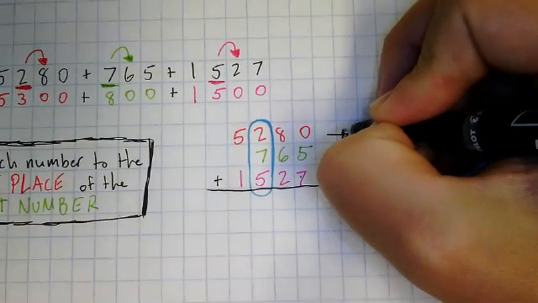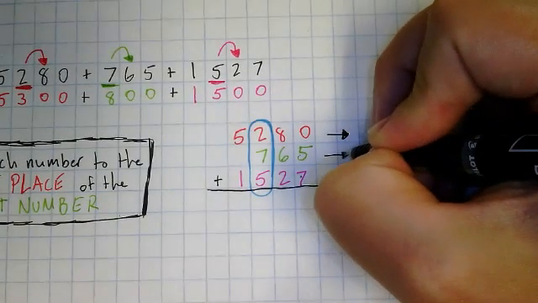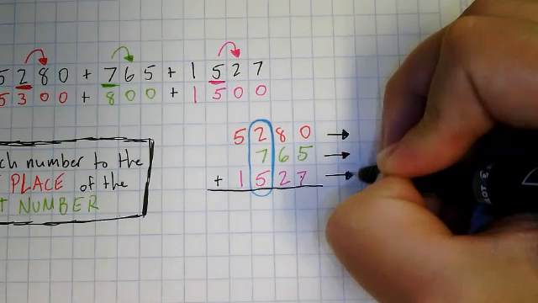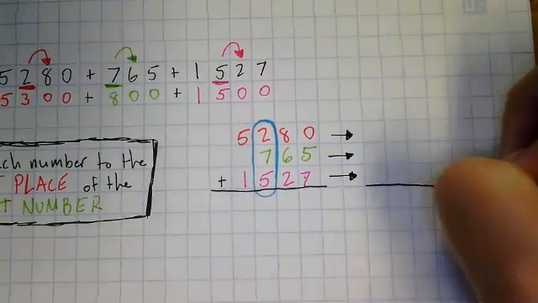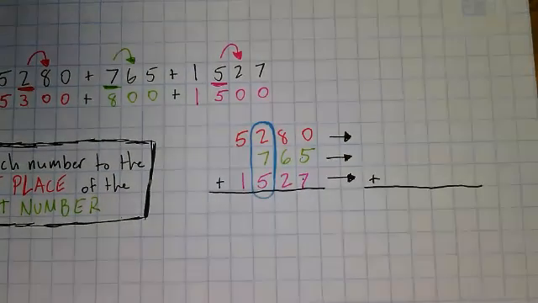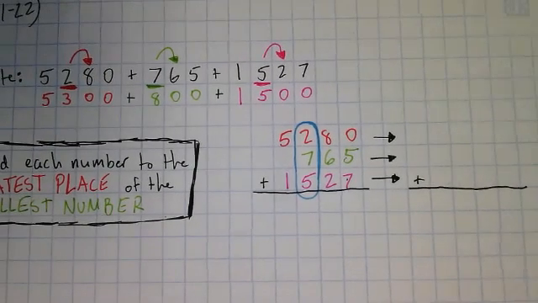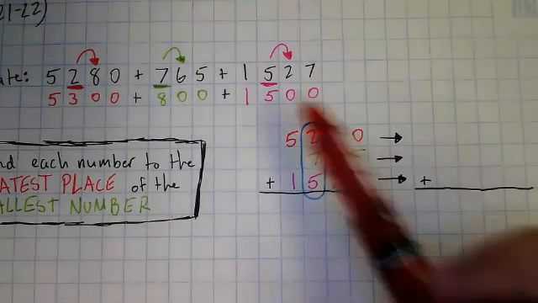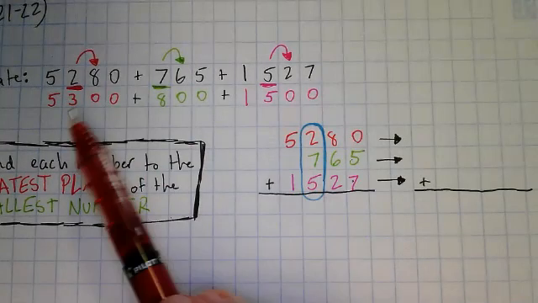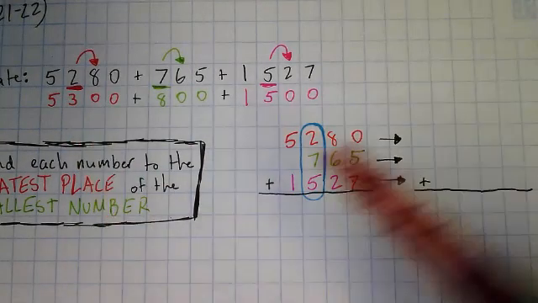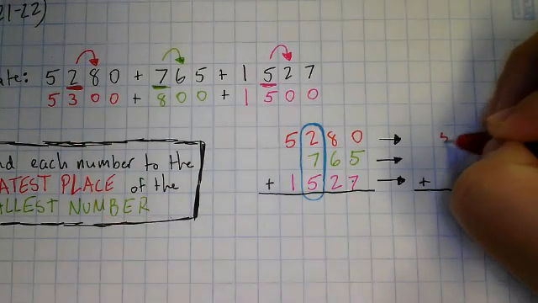And we're going to rewrite these numbers as their rounded numbers instead. Okay, so like we said, we can look back up here to remind us. There we go. We can fit almost everything in there still. 5,280 rounded to 5,300. So I'm going to write that here.